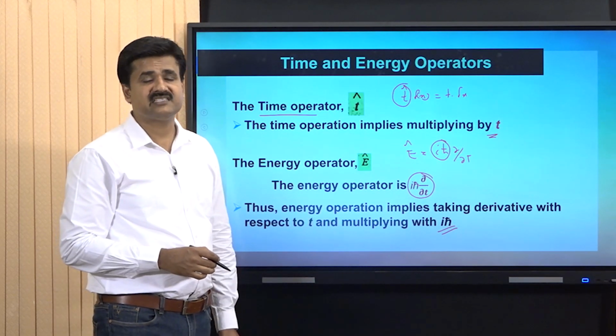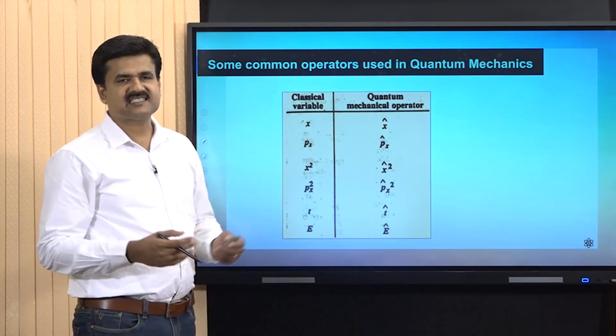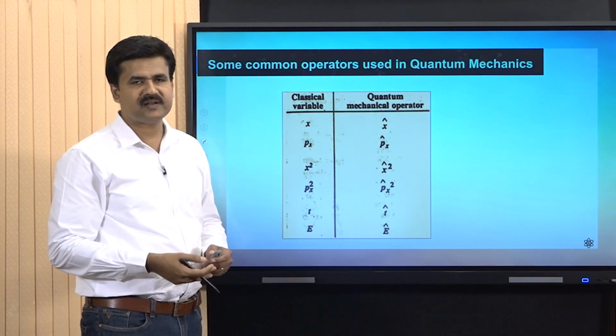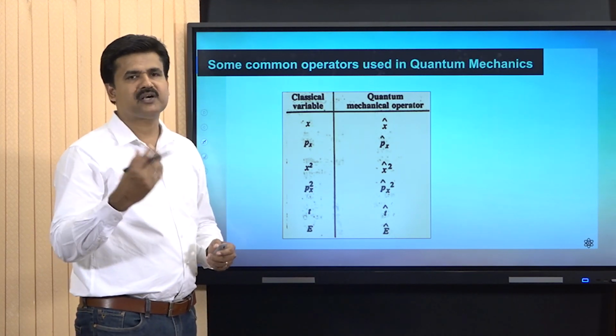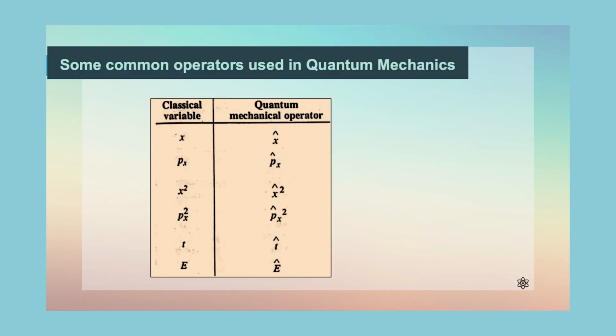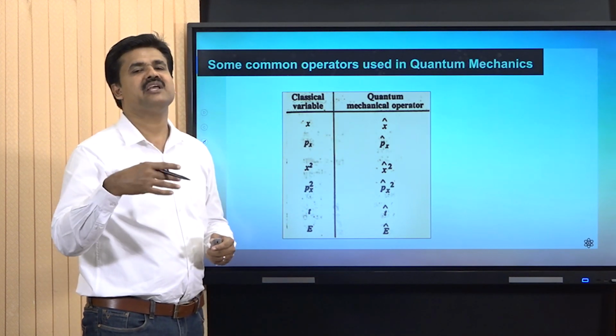Thus, in this module, we have discussed various kind of operators, Hermitian property, Hamiltonian operator, and commuting property of operators. Several properties we have discussed, and these are very important operators which are commonly used in quantum mechanics. They are X or X hat, which represents position of the body along X direction.